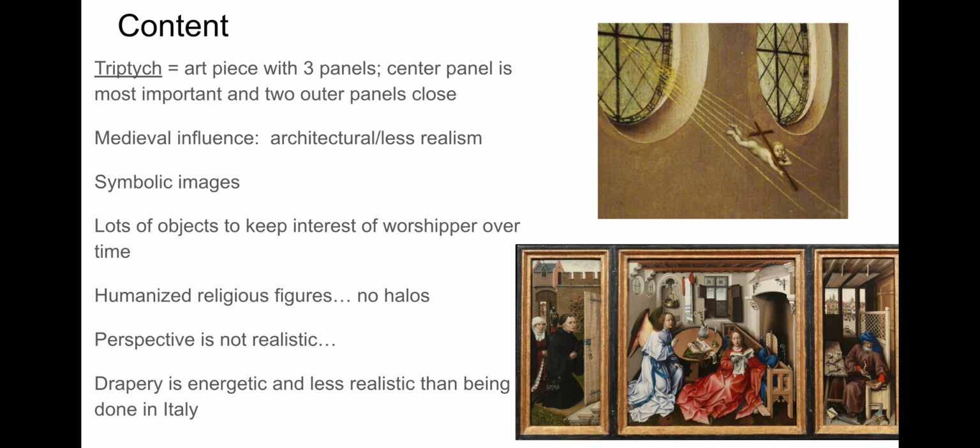So these personal art pieces are going to be smaller, kind of like that idea of art mobilier, and you can bring them out or move them around as your need requires. So the center panel typically is the most important panel with the most important theme, and the two outer panels then relate and are slightly less important.